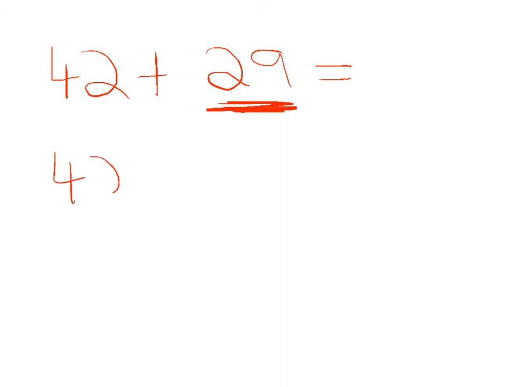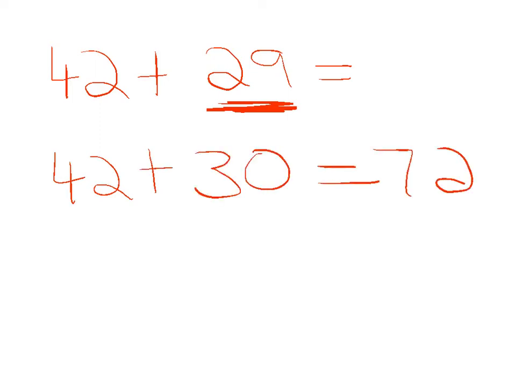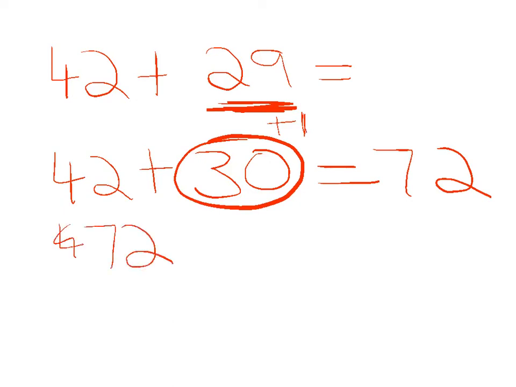So we can go 42 plus 30 equals 72. Very easy. Now we made this number here 30 by adding 1 to the 29. So therefore we have to go 72 take away 1 equals 71. So 42 plus 29 is 71.